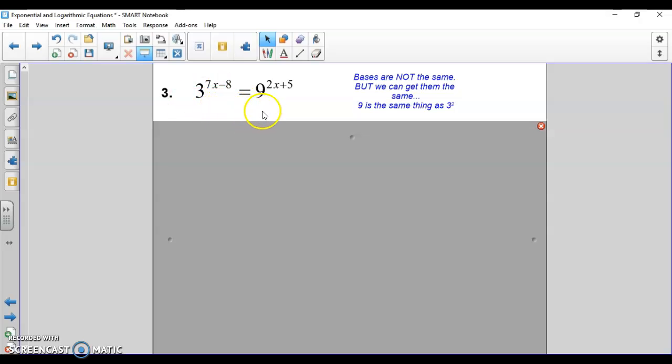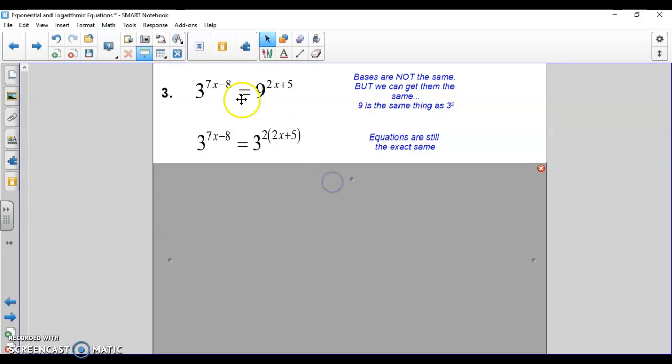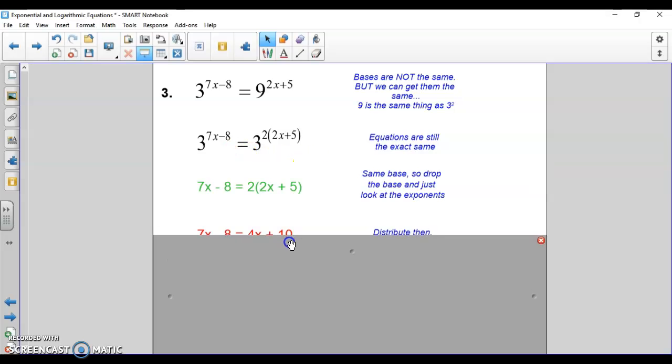This is where the bases are not the same. But we can get them the same. 9 is the same thing as saying 3 squared. So we rewrite 9 in terms of 3 squared, and then we just cross out the bases from there.